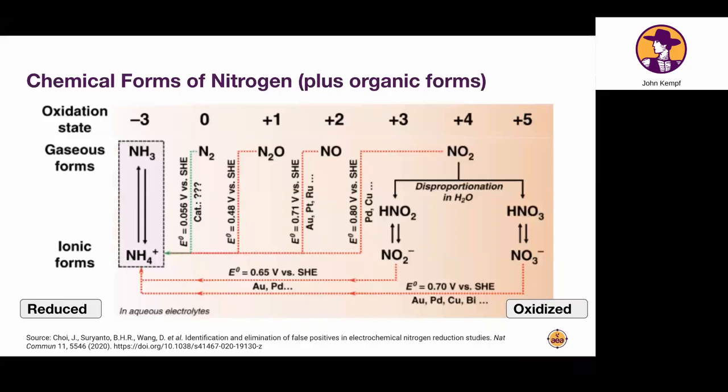So here's a quick overview of the different oxidation states of mineral nitrogen, or chemical nitrogen, all the way from ammonium on the left, going through to nitrate on the right. We can see lower left, lower right, you have the reduced versus the oxidized forms, which is something I've been speaking about quite a bit over the last couple of years.